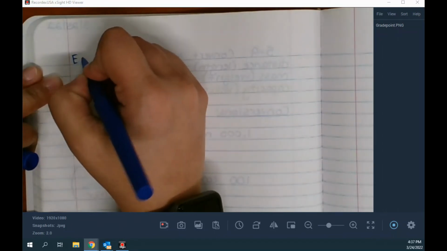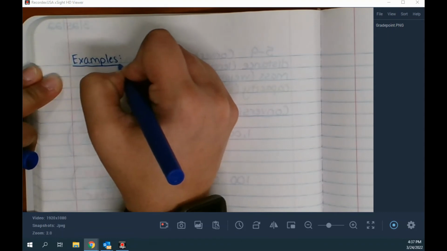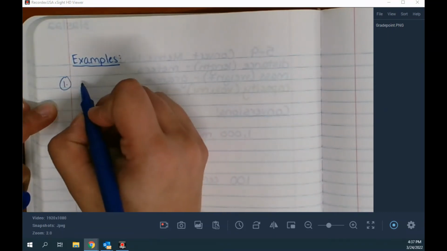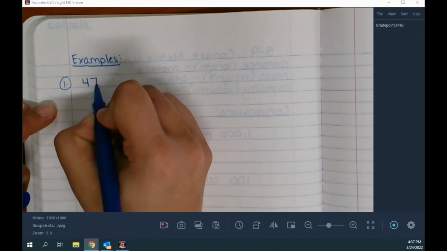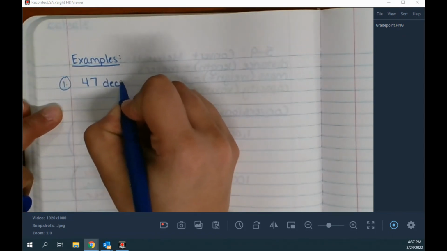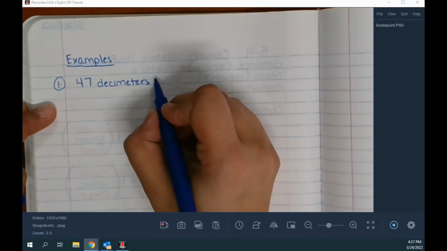So at the top here, you can go and label as examples. So for example 1, we're going to change 47 decimeters to meters.